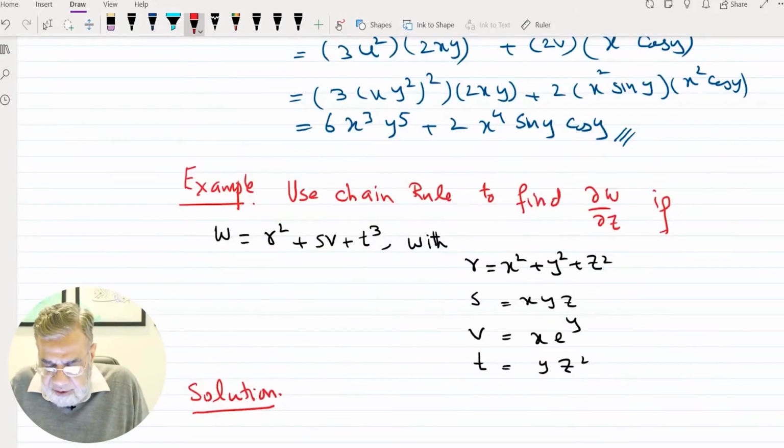In this example, we want to apply the chain rule to find partial w by partial z.